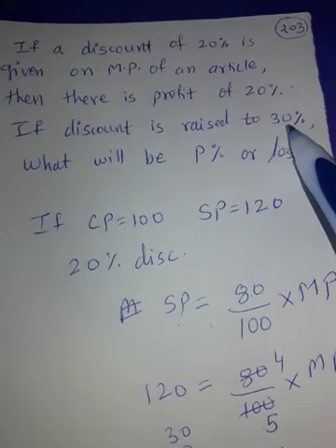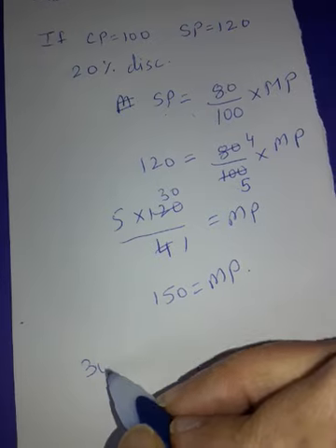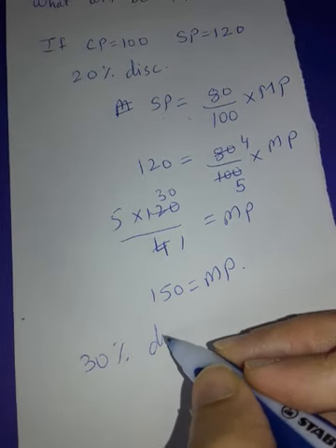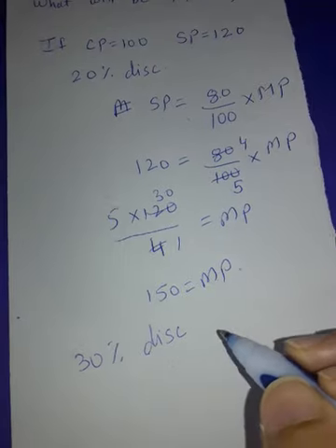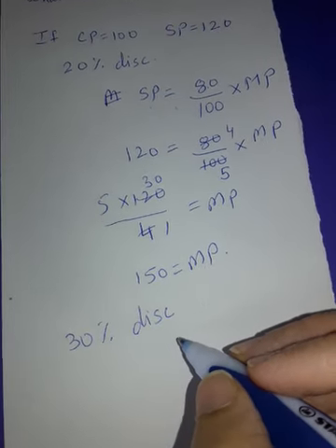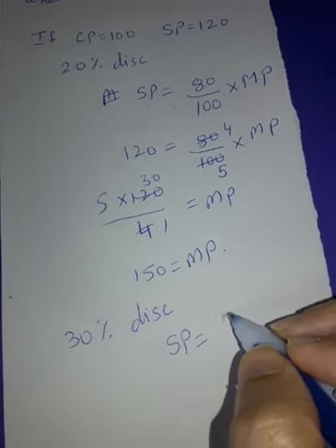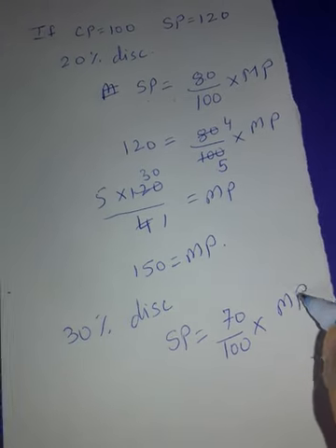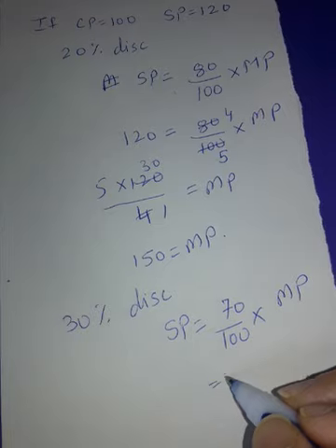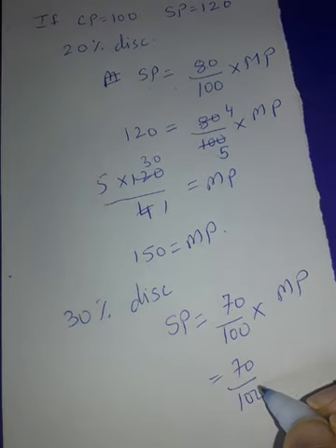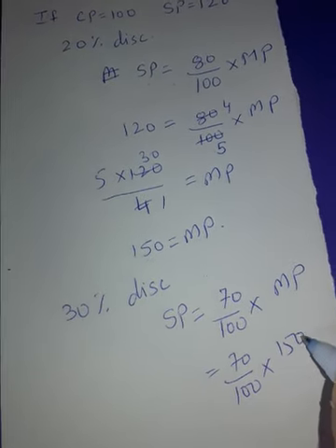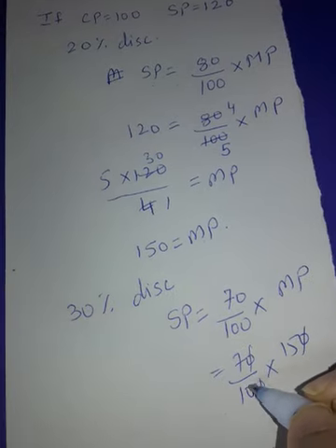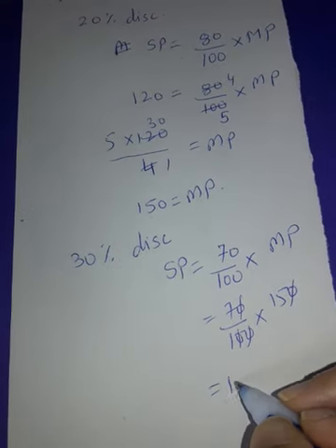Now what are they saying? If discount is raised to 30%, what relation do we now get between MP and SP? MP we already have. Fifteen sevens are 105.